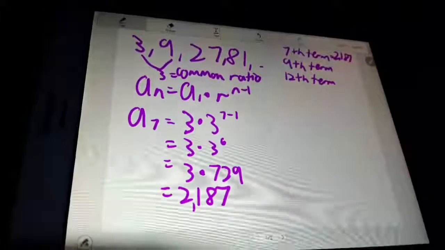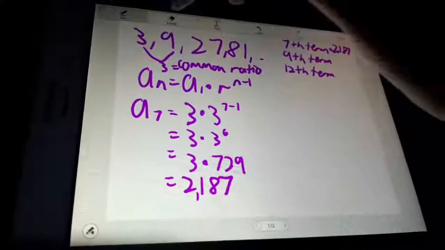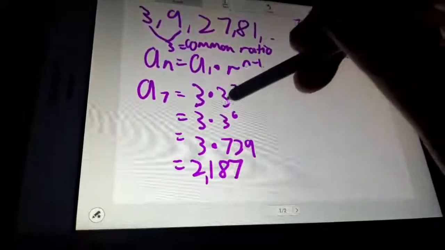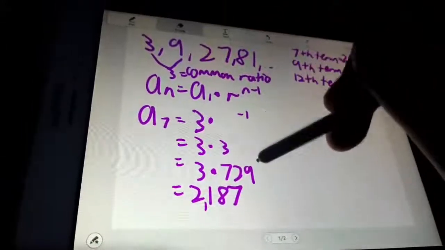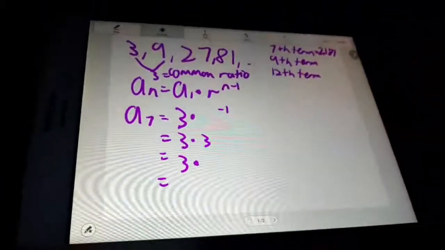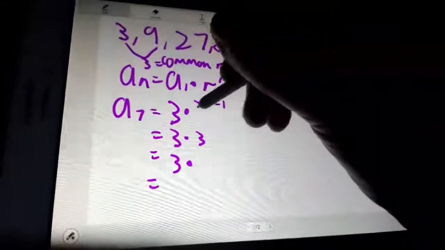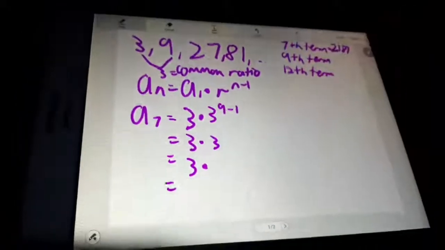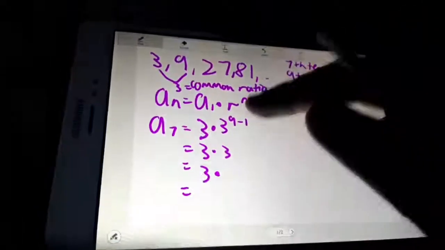Next naman po ay yung 9th term. So, 3 times 3 raised to 9 minus 1.